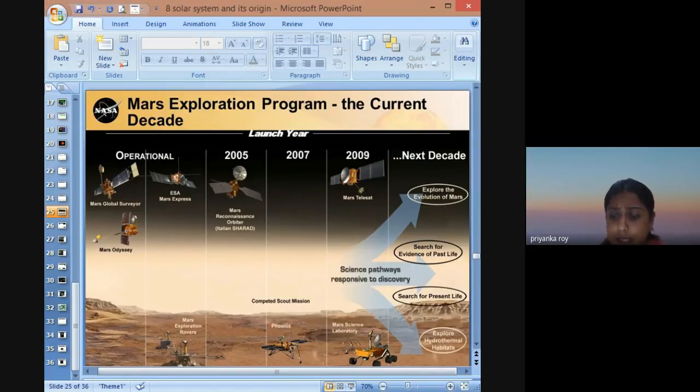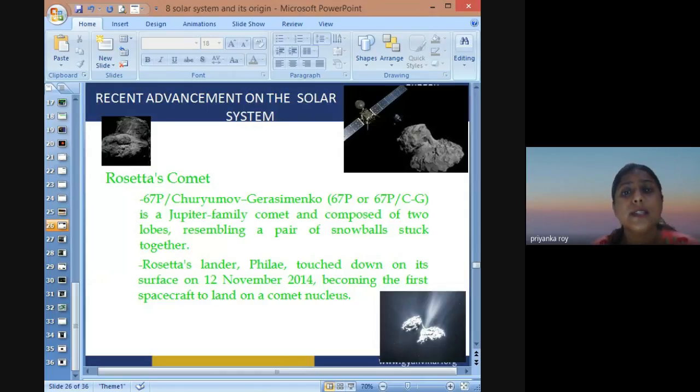Taking this further, a recent advance in the solar system is the Rosetta mission to comet 67P/Churyumov-Gerasimenko, which has an orbital period of about six and a half years. It is a Jupiter family comet composed of two lobes that resemble a pair of snowballs joined together. The Rosetta lander Philae touched down on the surface on 12th November 2014 and became the first spacecraft to land on a comet nucleus.